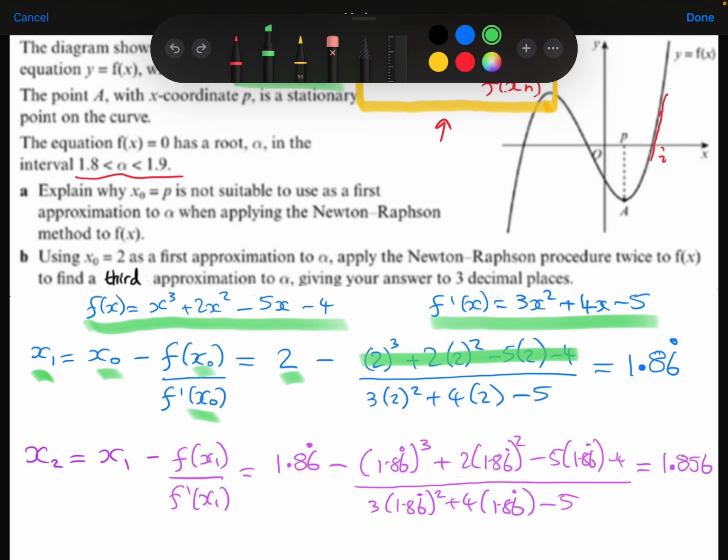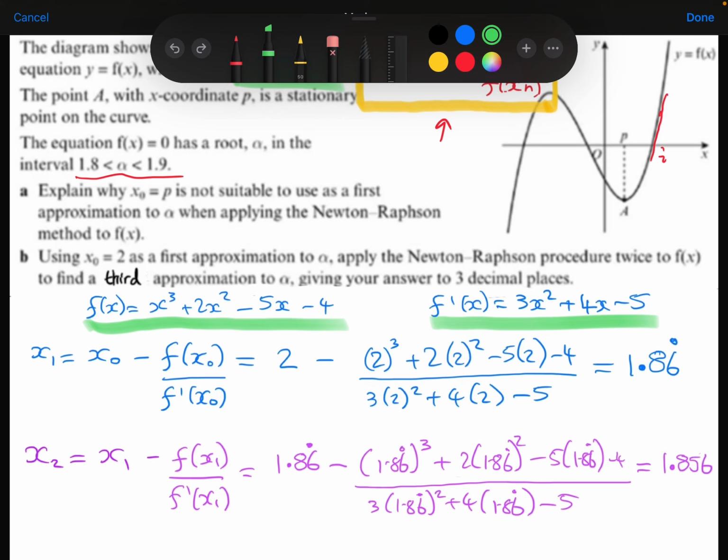So that is my first, or rather my second approximation. If x0 equals 2 was my first approximation, then 1.86 recurring is my second approximation. Notice that that is between 1.8 and 1.9, so that looks to be a better approximation than the first choice of 2.